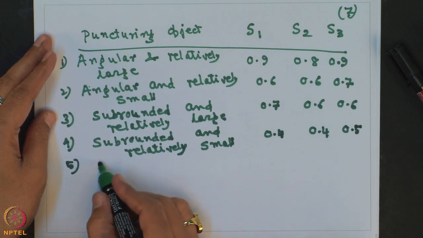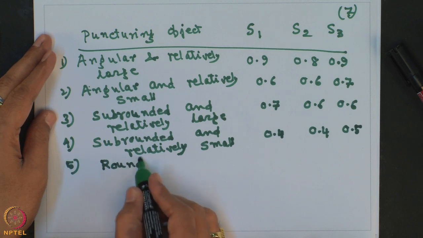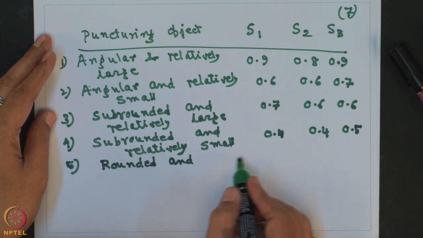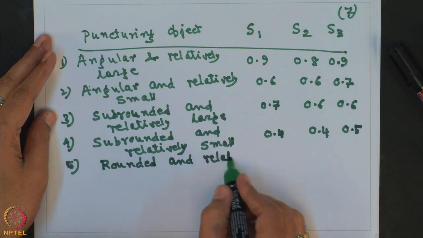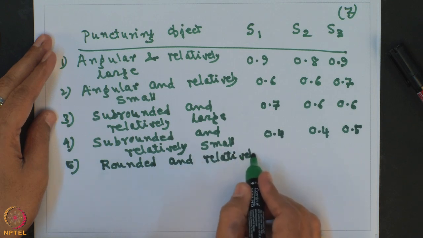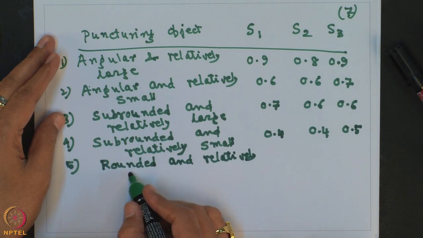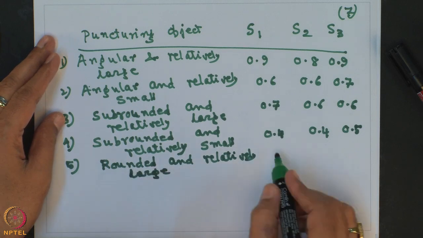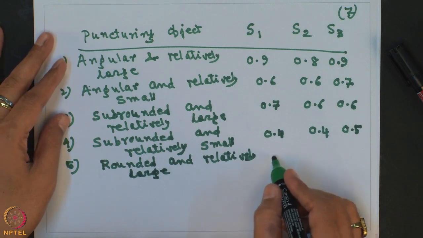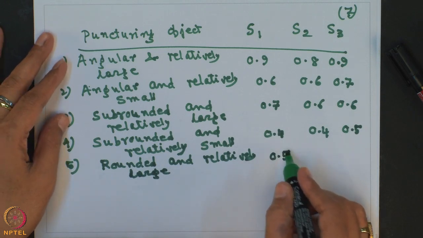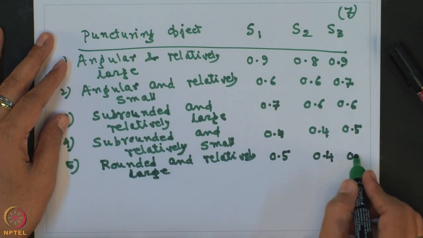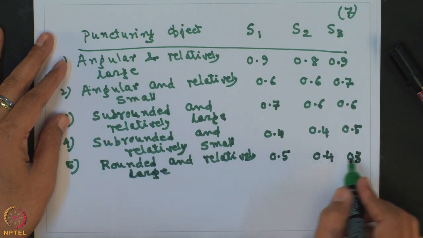And if it is rounded and relatively large, then S1 value is 0.5, S2 value is 0.4, S3 value is 0.3.